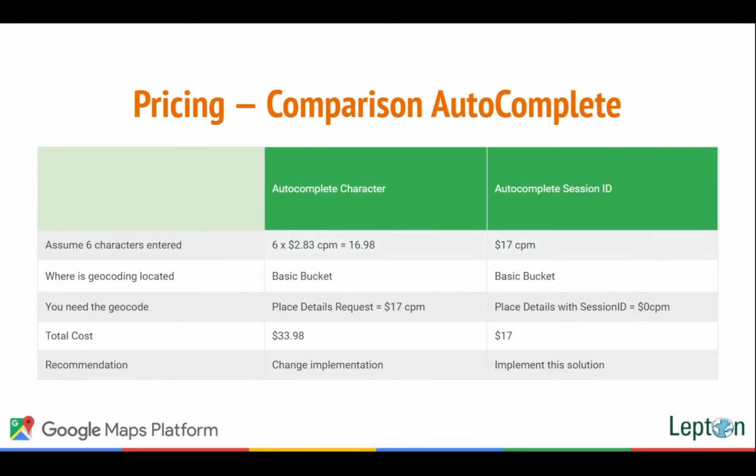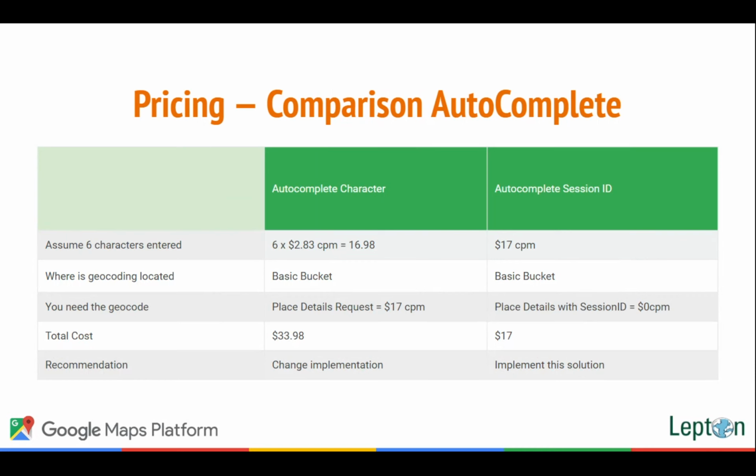Now, imagine a scenario wherein my single request with autocomplete with characters requires, on an average, 6 characters for every session.